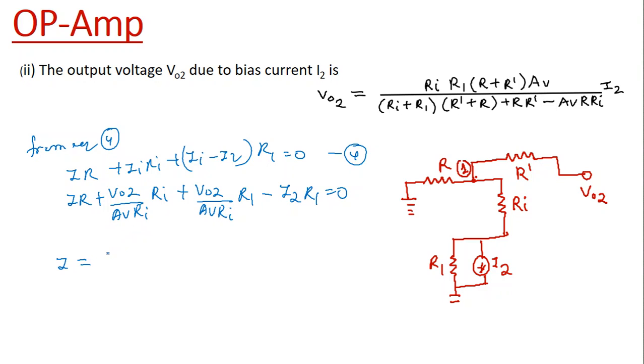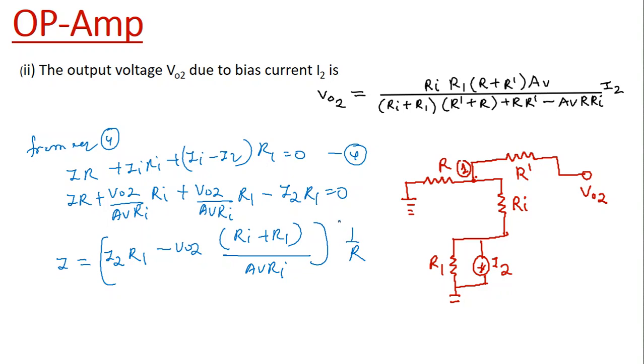So we get I2R1 minus VO2 into (RI plus R1) divided by AVRI, whole multiplied by 1 upon R. So this is the equation which we are getting. This is equation number 6.